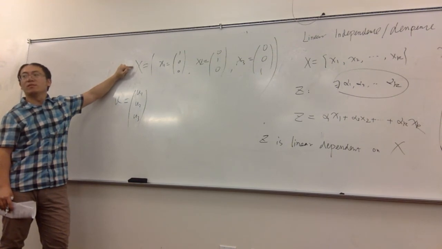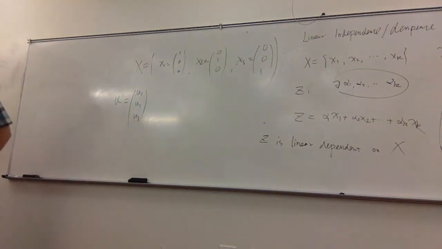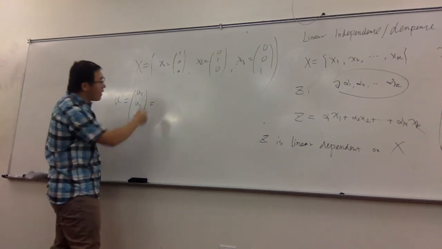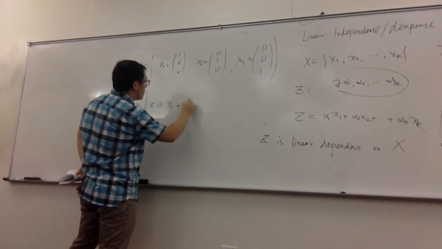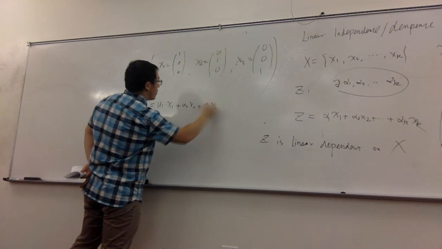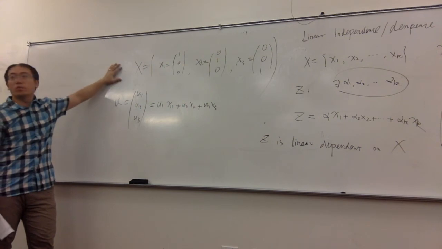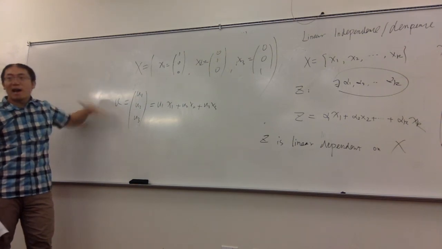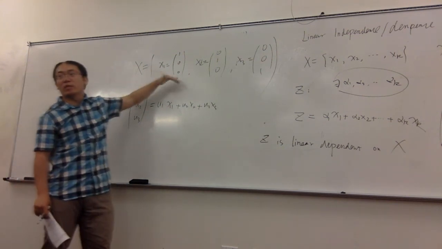Because u will be equal to u1 times x1 plus u2 times x2 plus u3 times x3. You can verify this. This is very straightforward. That's because x is the basis. Okay. So now we can say an arbitrary three-dimensional vector can be represented by a linear combination of x1, x2, x3.